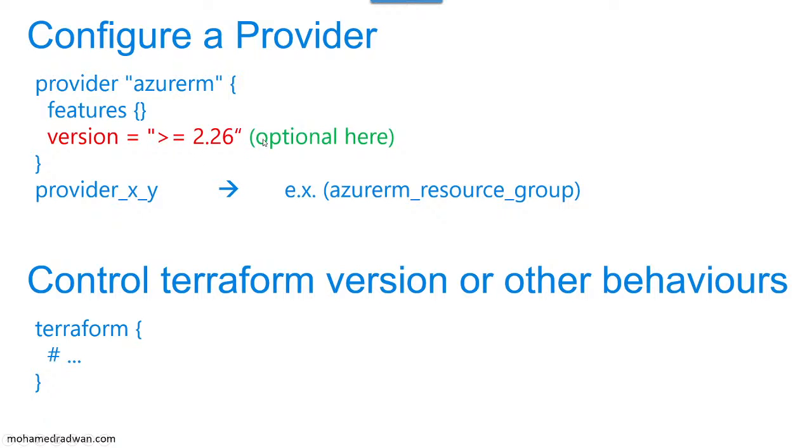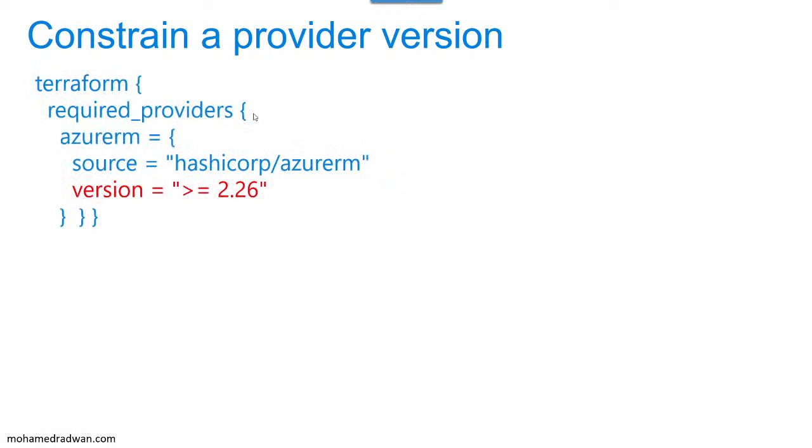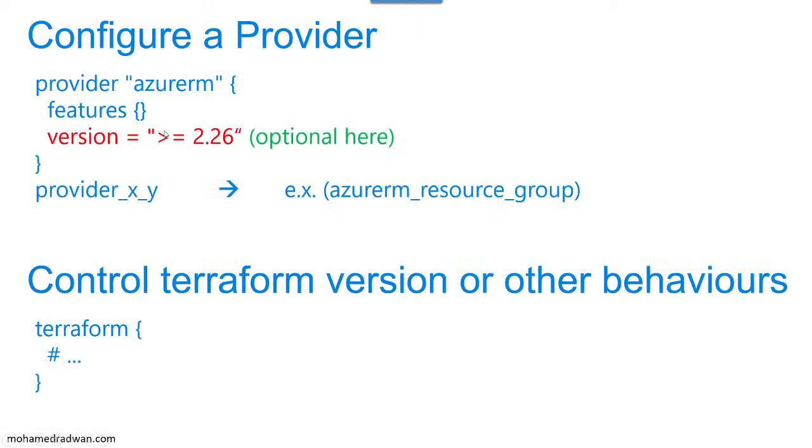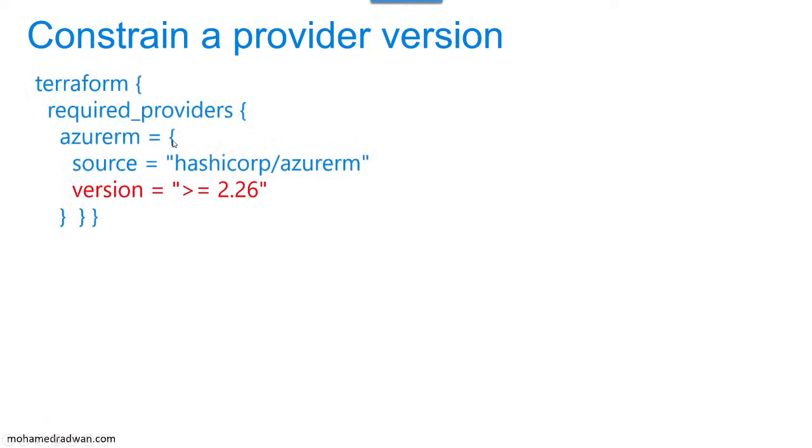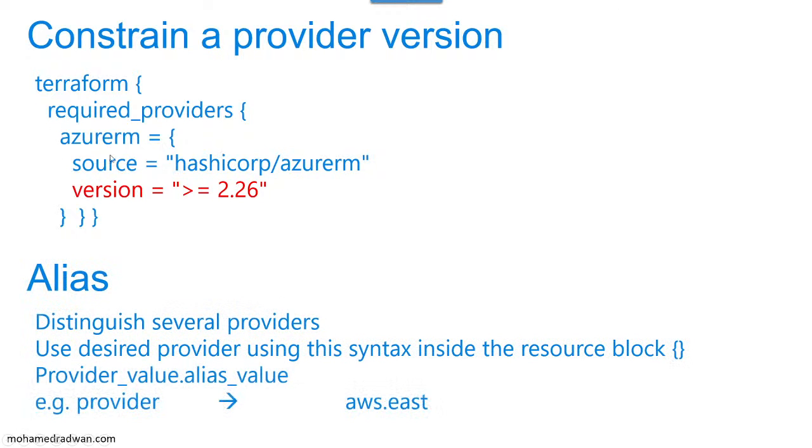Yes, you can put the version here, but for putting the constraint on the version, you put it in the required_providers block inside the terraform block.